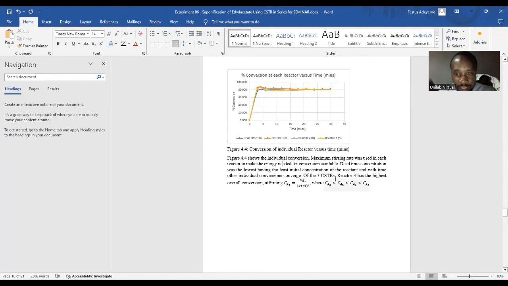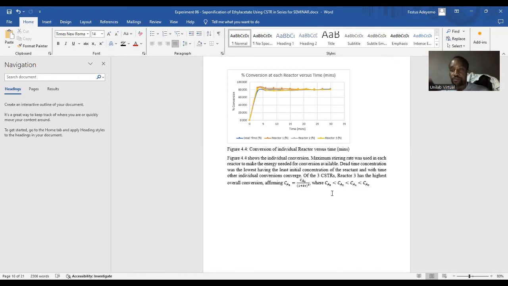Of the three CSTRs, reactor 3 has the highest overall conversion, affirming Ca3 equals Ca naught over (1 plus k tau) raised to the power 3, where Ca3 of reactor 3 is less than Ca2 of reactor 2, Ca1 of reactor 1, and Ca naught, the overall initial concentration.